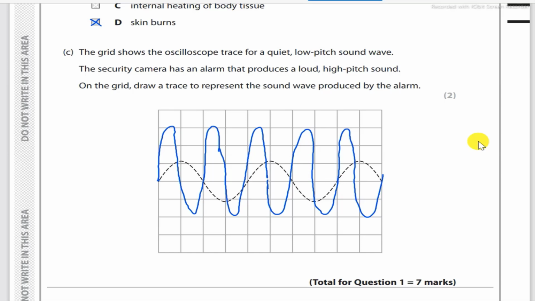The answer will be like this, because the security camera has an alarm that produces a loud sound. If the sound is loud, then amplitude is higher.